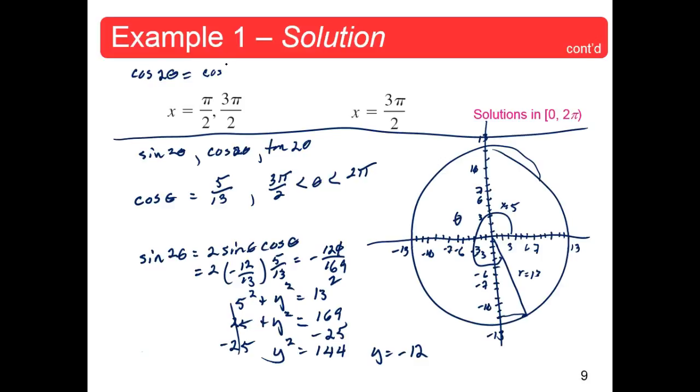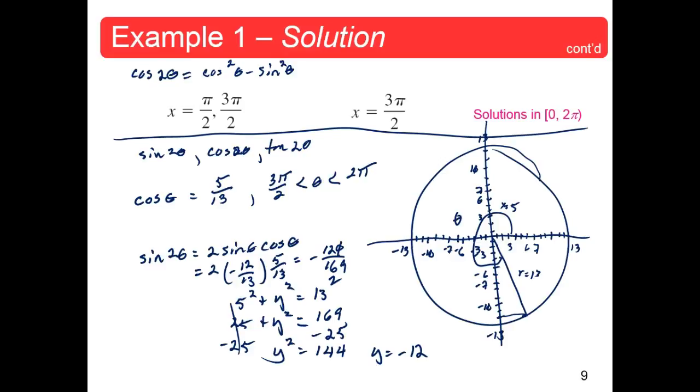You can write it several ways. Cosine squared theta minus sine squared theta. Now, the only disadvantage to that form is I'd have to trust that I got this one right. And, of course, I feel good about it. But there's another form, 2 more forms for cosine 2 theta.